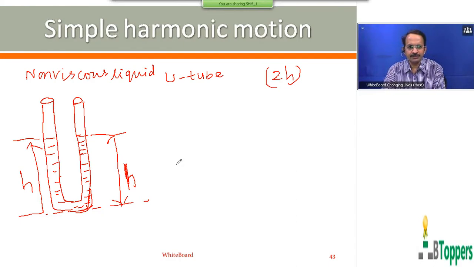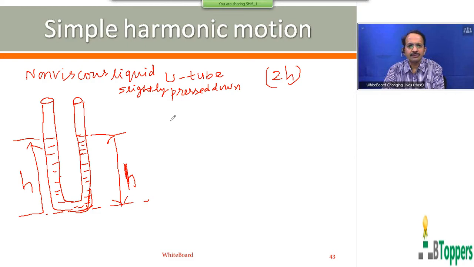It can be shown that if the liquid in one of the limbs is slightly pressed down and released, the particles of the liquid perform simple harmonic motion about their original equilibrium positions.